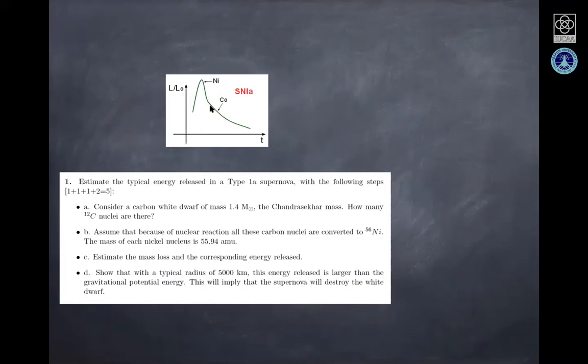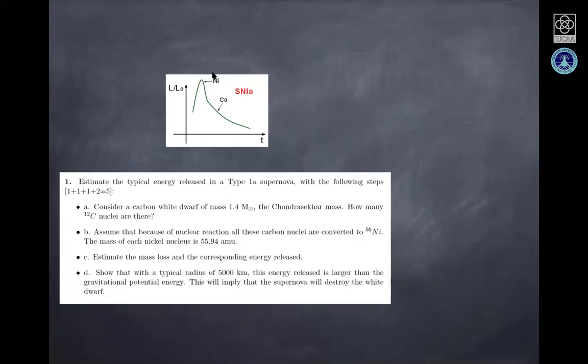There are phases in its decay that have been identified: this part of the decay is caused by radioactivity of radioactive nickel, and this is due to radioactive cobalt, etc.